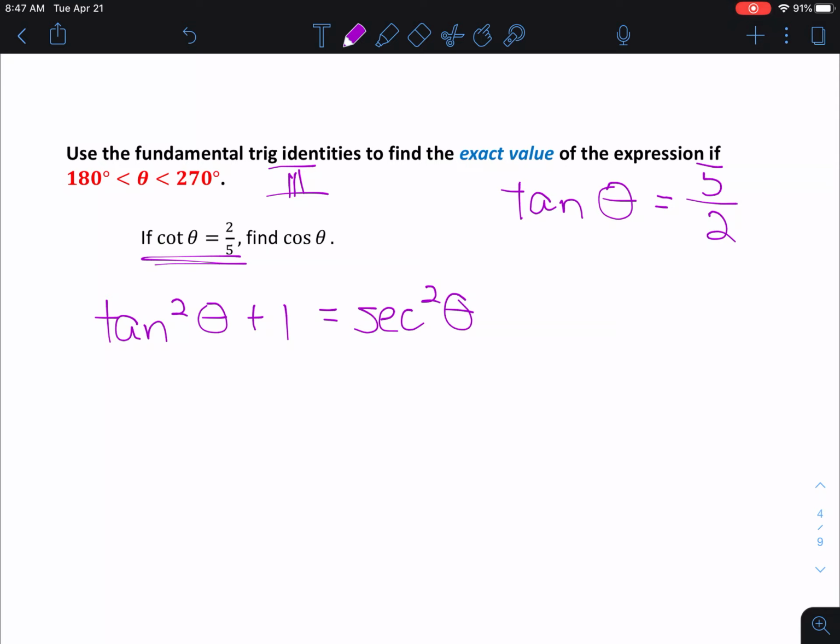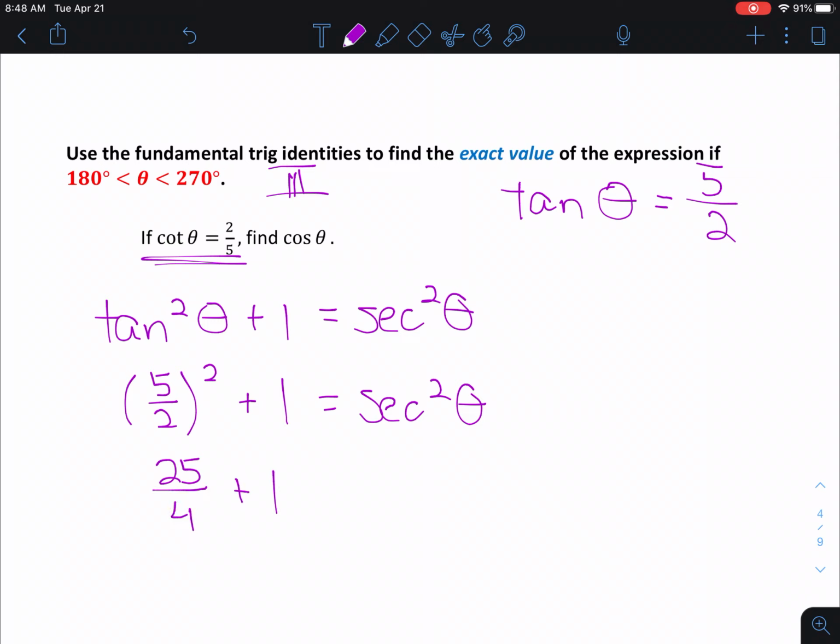So this would be 5/2 squared plus 1 equals secant squared theta. All right, so squaring this, I get 25/4 plus 1.